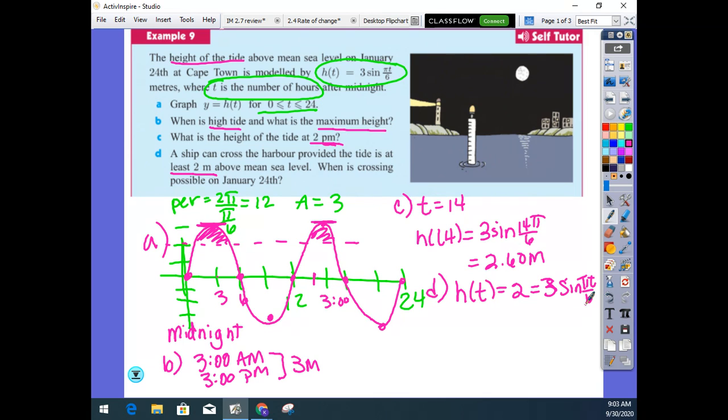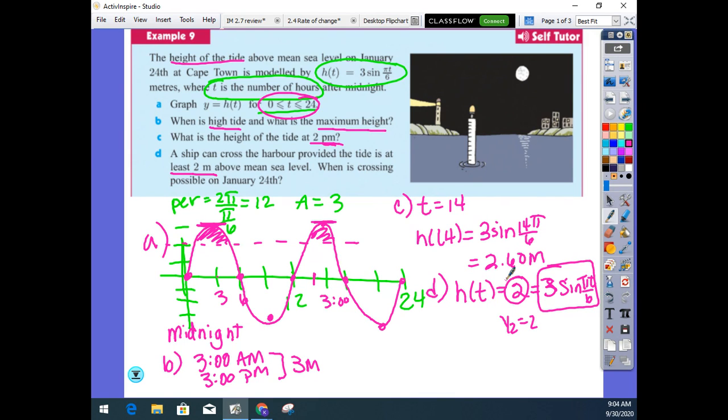What you can do is graph this on the interval they give you, 0 to 24, on your calculator, and set y2 equal to 2, this 2 here, and just find where they intersect. So that part's not terrible.